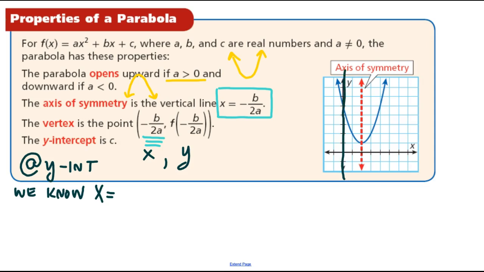What do I know for sure if I'm a point on that axis? x equals 0, yeah. So that means when I put 0 in for x, I get my y-intercept. And if I put 0 in for x in this standard equation, a times 0 is 0, b times 0 is 0, and so the value for the y-intercept is always the constant term c every single time.